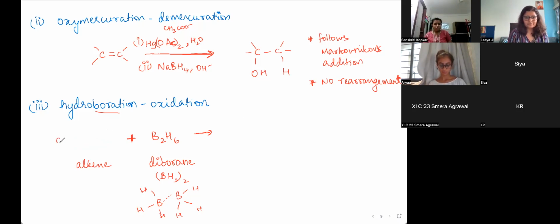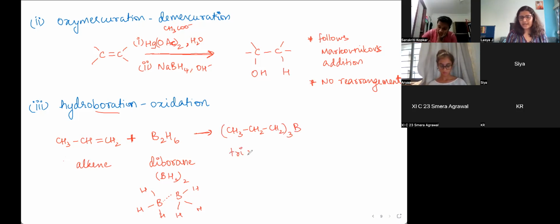Suppose I have CH3, CH double bond, CH2. Boron always gets added to the corner. So you get CH3, CH2, CH2 taken thrice on B. So this is trialkyl borane. Here, because we took a 3 carbon atom molecule, this is tripropyl borane.